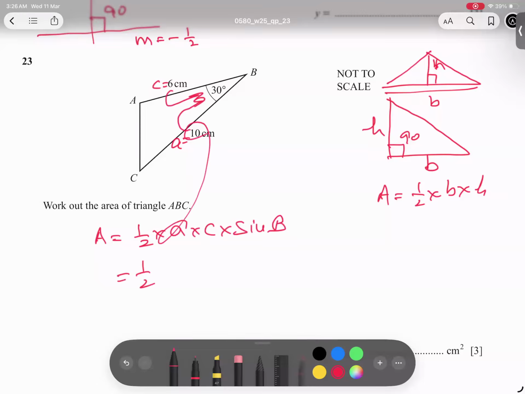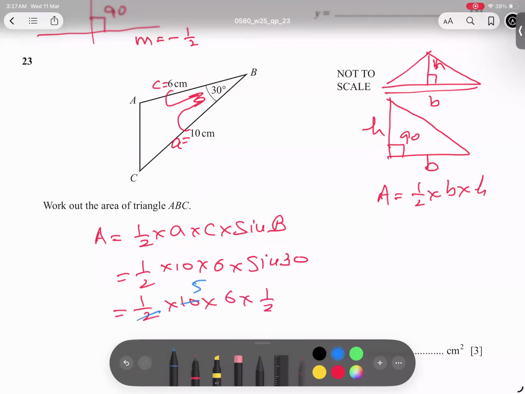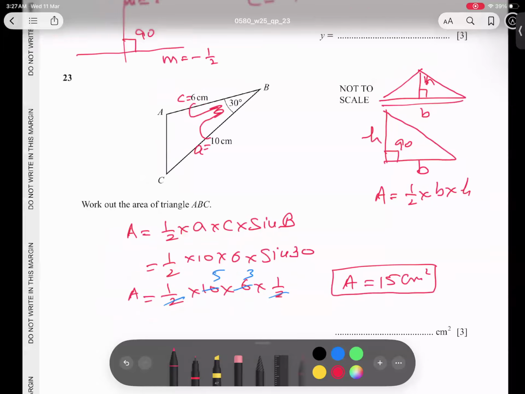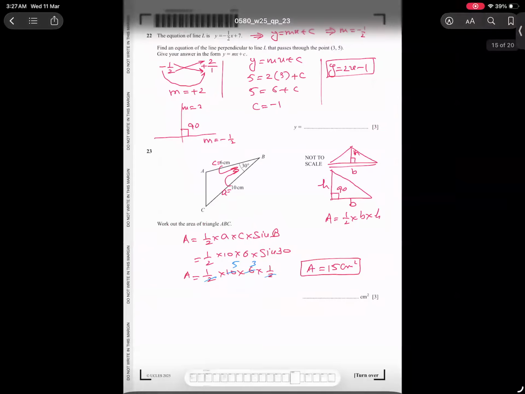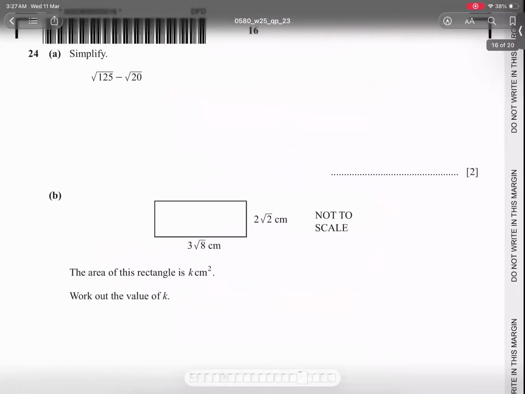So small a is 10, small c is 6, and sine 30, we have memorized the value, half. So 2 fives and 2 threes, and we got an area of 15. So finally we got 15 centimeters square. I hope the concept is very clear, and let's go for the next question.